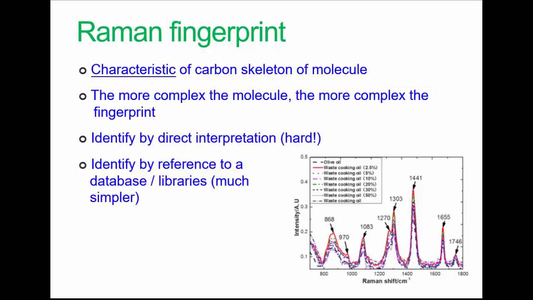Raman can get very complicated, so typically databases of known compounds are used. They may be linked to expert systems to help the analysis. If you look at the image down here, there's an example of Raman used in the analysis of edible oils.